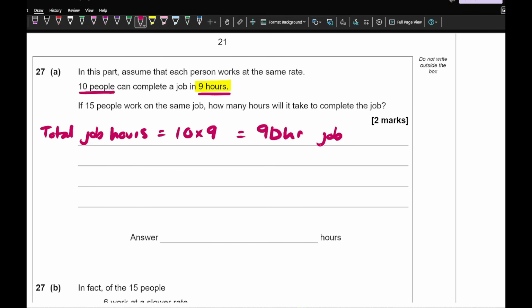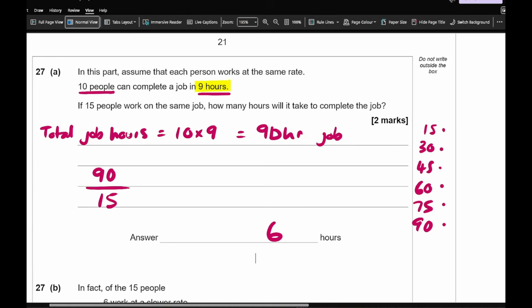Now if we've got 15 people, then we just do 90 divided by 15, and you want to see how many 15s go into 90. A couple of ways in which you can work that calculation out. You can just start by adding 15s, then 30, 45, 60, 75, 90, and then just count 1, 2, 3, 4, 5, 6. So it's going to take 6 hours.